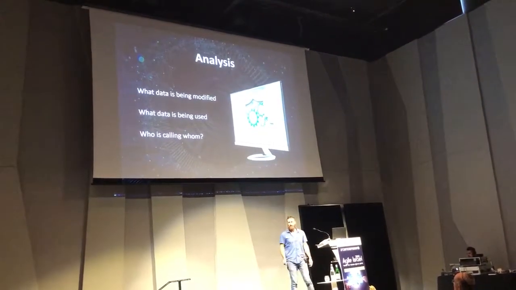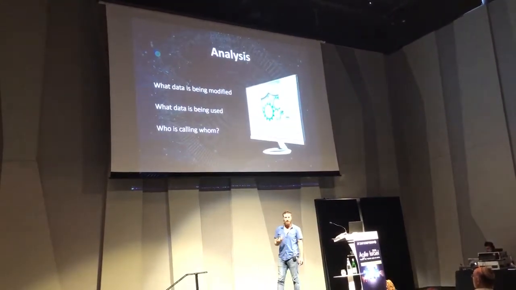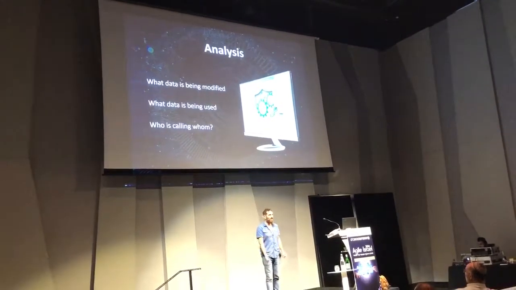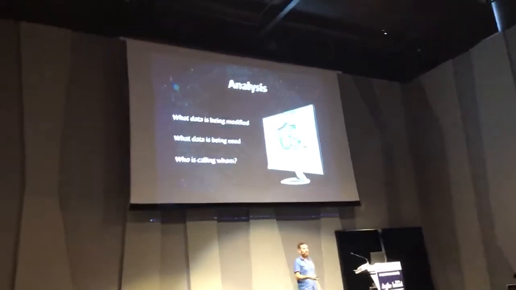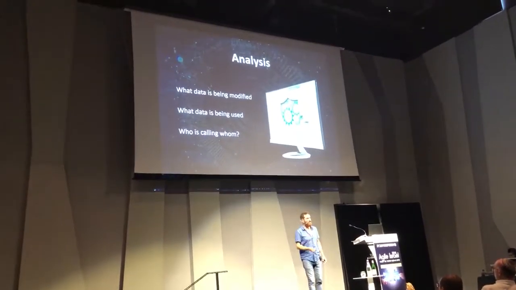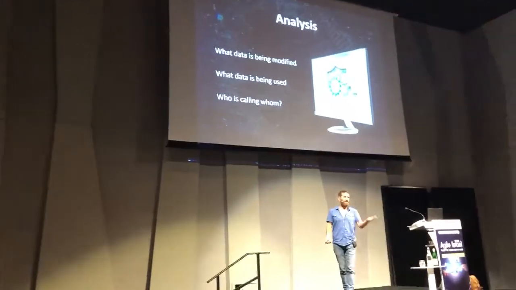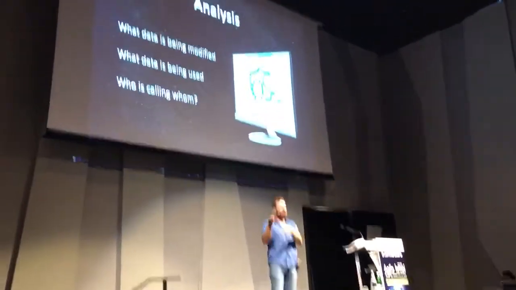The second thing is analysis, deep analysis. Okay? We don't have to understand what the business is behind it, but we do have to try to understand what is actually happening in the code. So which method is calling which method? Which data is being read in which places? Which data is being written in which places? Right? And if we map all this out, then we can take a method or a group of methods, and we can know how that affects the system.